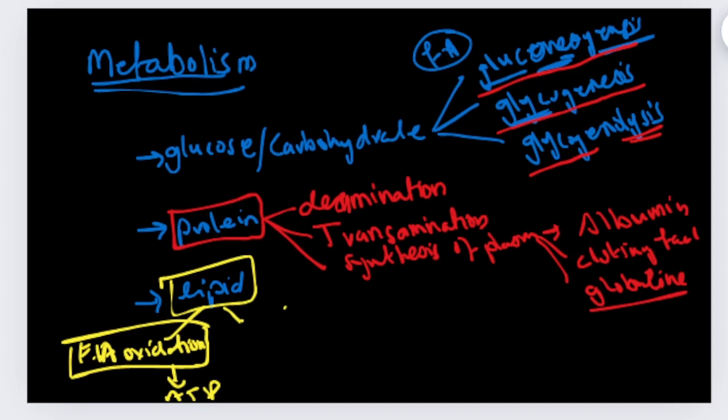Now the second thing is ketogenesis. In ketogenesis, ketone bodies are produced from fatty acid during prolonged fasting or a low carbohydrate diet.